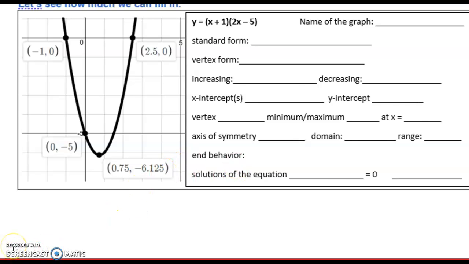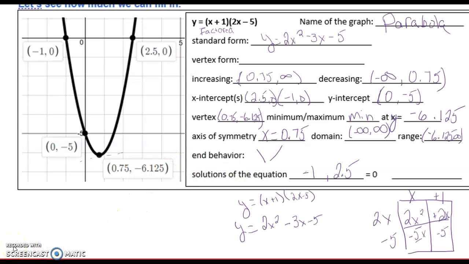Go ahead. Okay, so here this is filled in. Pay attention that over here we changed that to y equals right there because that's usually what you mention for your minimum or maximum. Vertex form we're going to talk about later on.